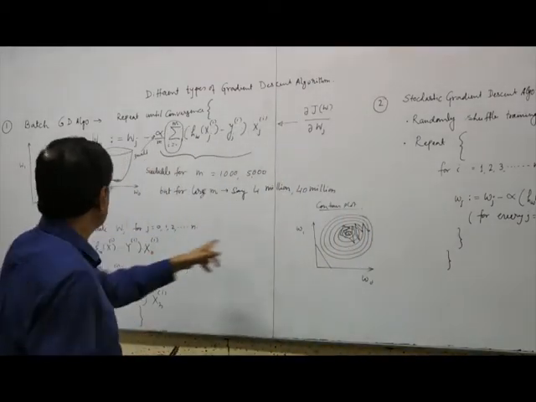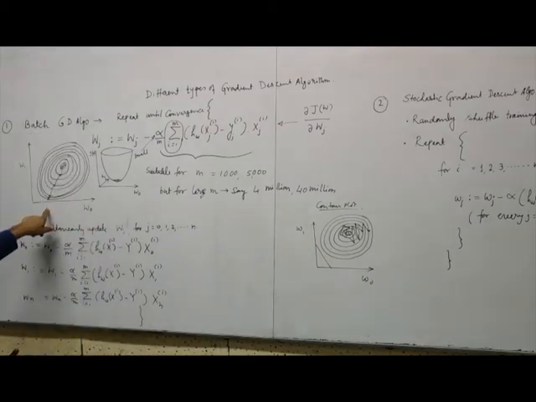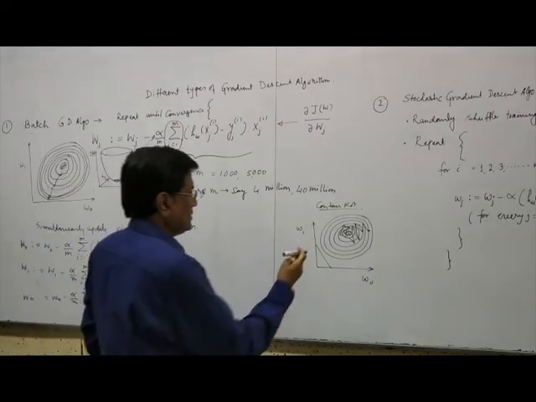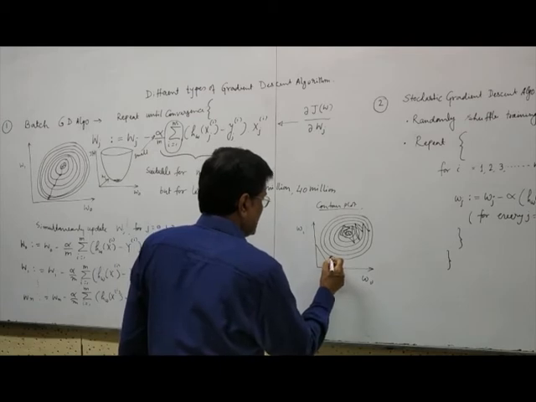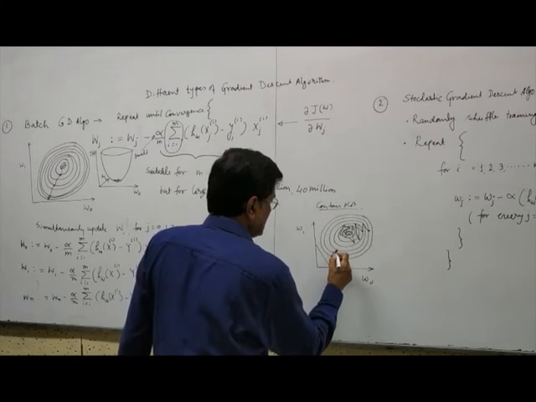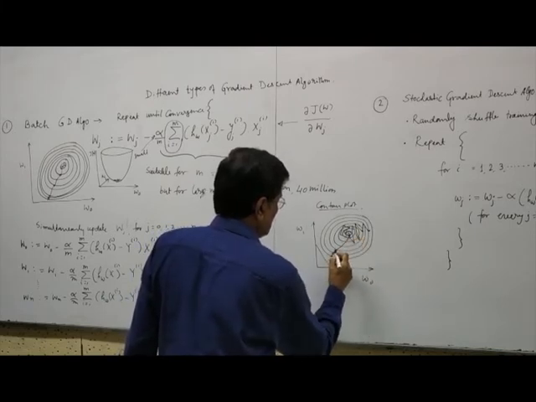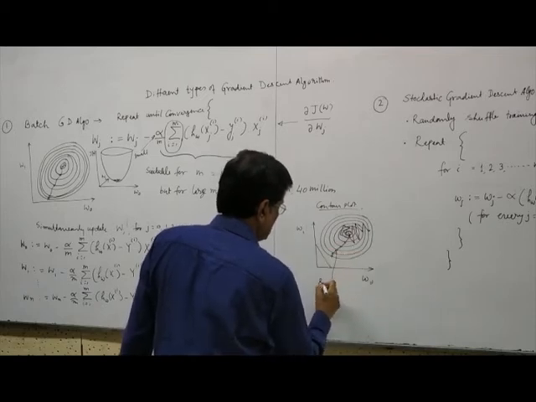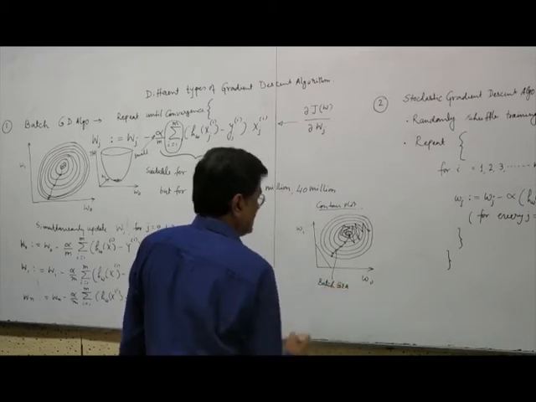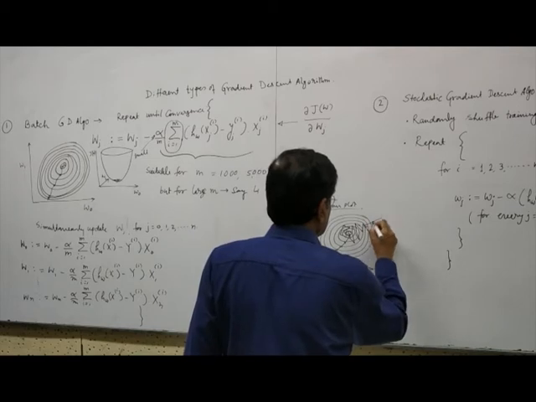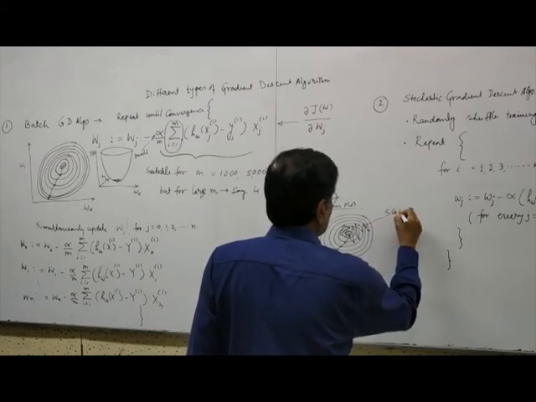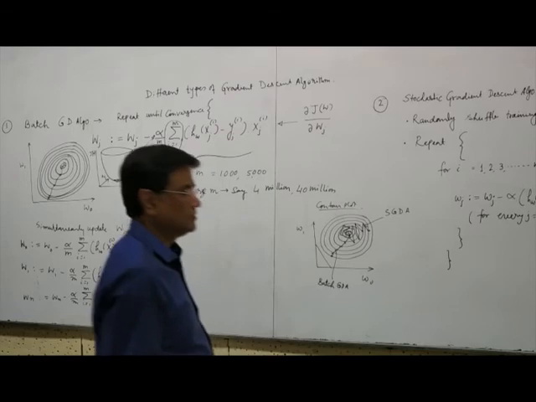So you can see the difference between these two contour plots here, or I will draw this also. Steadily it was making a step. So this is your batch gradient descent algorithm. This is the stochastic gradient descent algorithm.